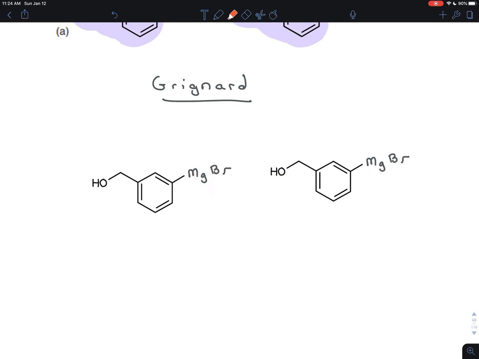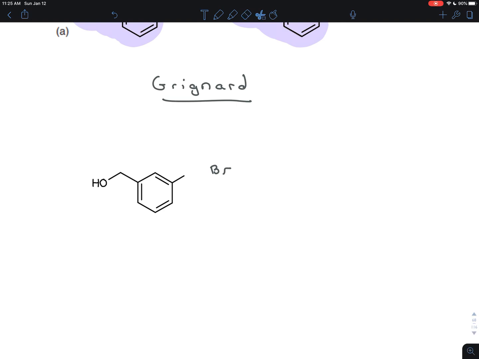When we draw these, we only draw one molecule, but of course we never just have one molecule. We have galaxies worth of them, even in just one drop. And so you'll always have more than one, and the Grignard reagent on one would react with the OH on the other. So you wouldn't be able to form the Grignard reagent from that molecule as drawn.